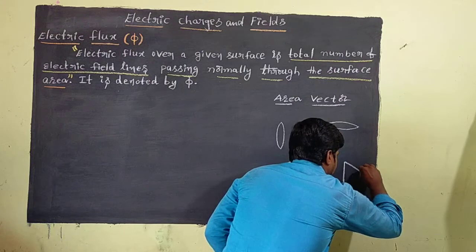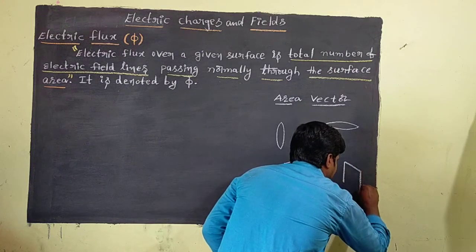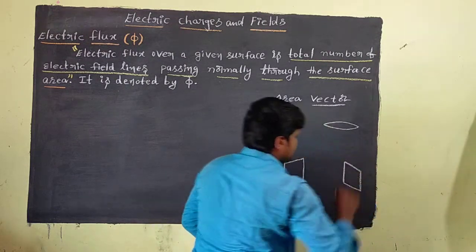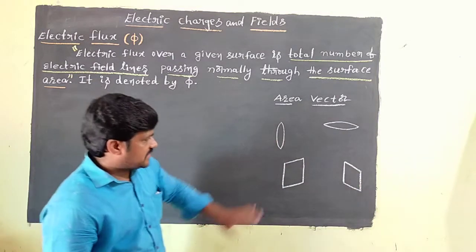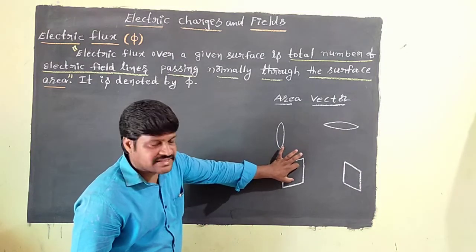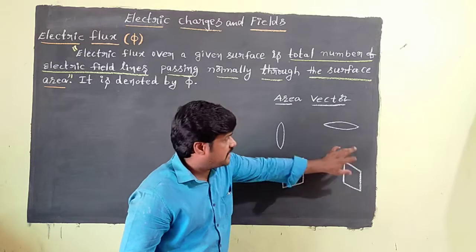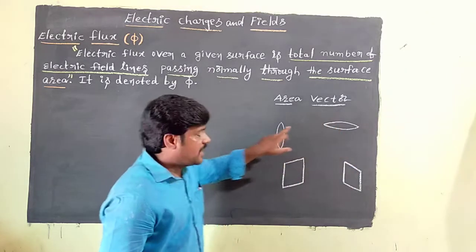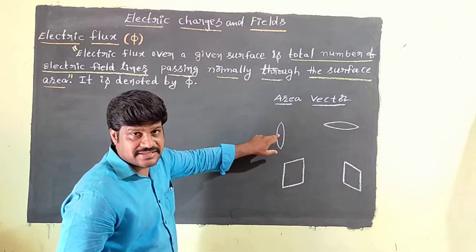This is in one direction, and another surface is in another direction. Here is one surface area, and here also one surface area.